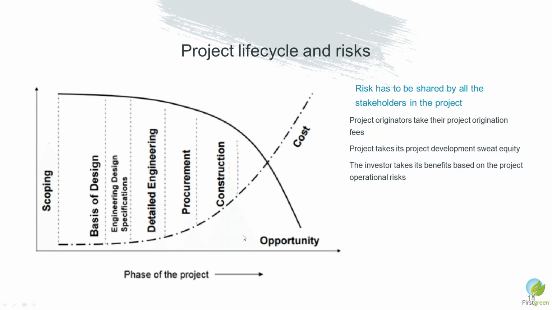There are risks related to the detailed engineering related items. Procurement related risks are also there. You ordered some items and you are not able to procure them in time, which delays your project, and that in turn leads to losses.